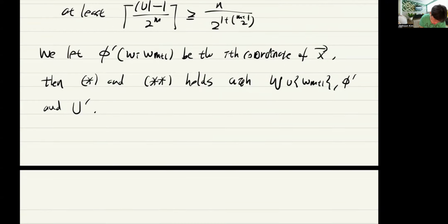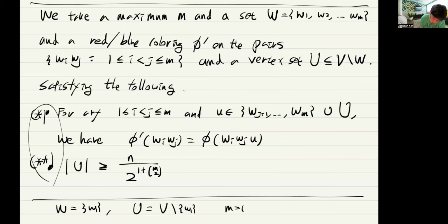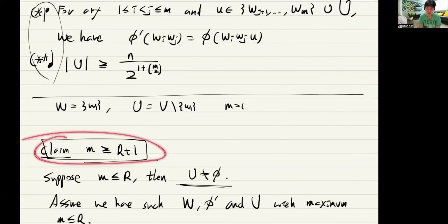But this contradicts the maximality of M, because we said that our choice guaranteed that M was the maximum one, but now we found M plus 1. So it's a contradiction, so our claim holds.